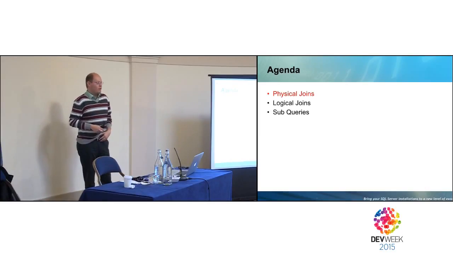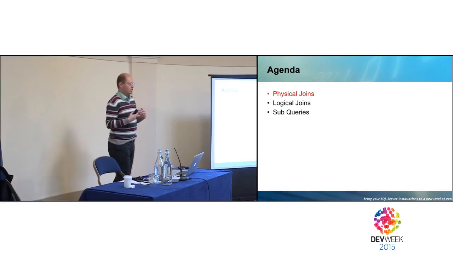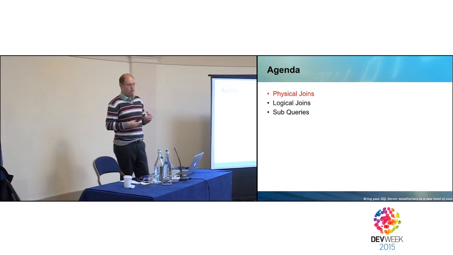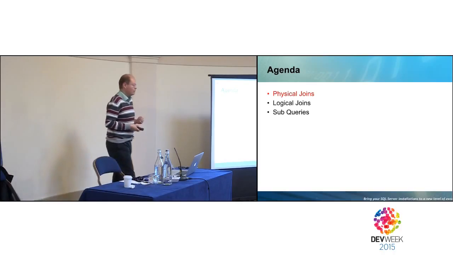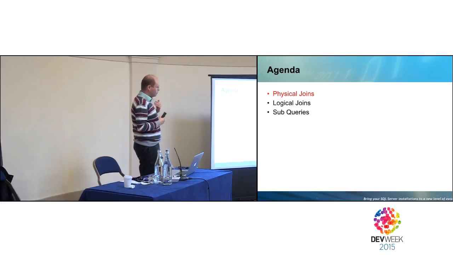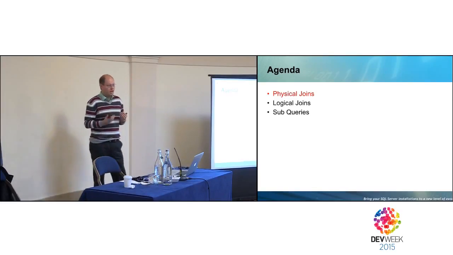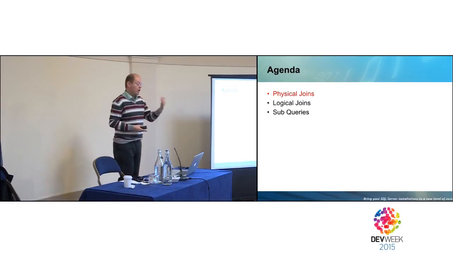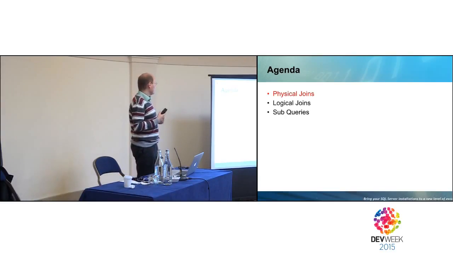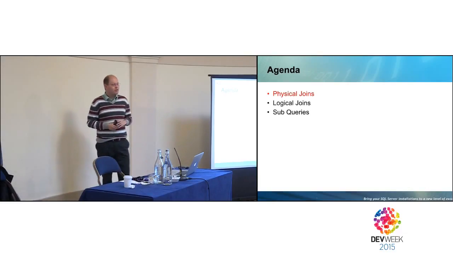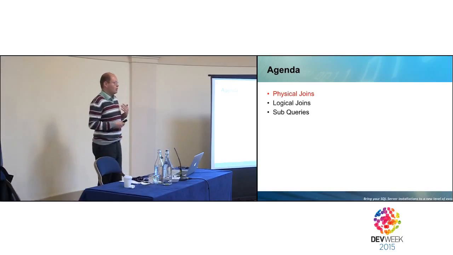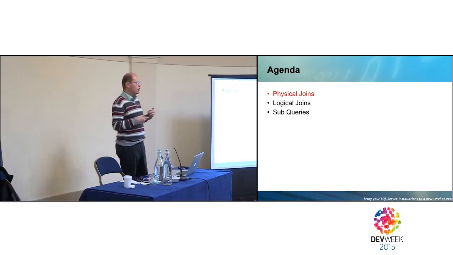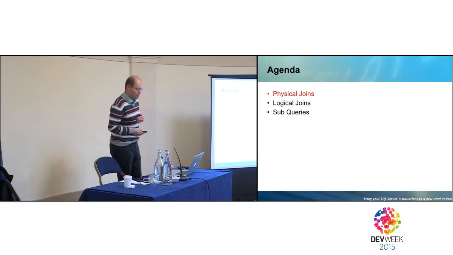Means we will see which physical join operators SQL Server can use in the physical execution plan, mainly nested loop, merge join and hash join, and based on that foundation we will look at the logical joins, cross join, inner join and outer join, how they are translated to the physical level, and if time permits I also want to talk a little bit more in detail about subqueries, because a subquery, as we will see later in the execution plan, is nothing more than a join between two tables.